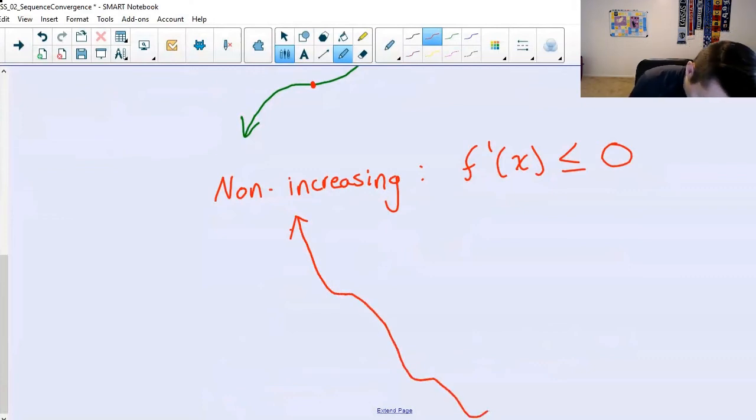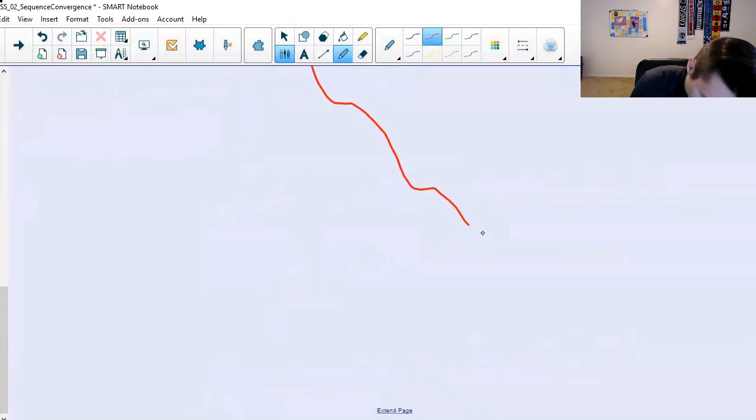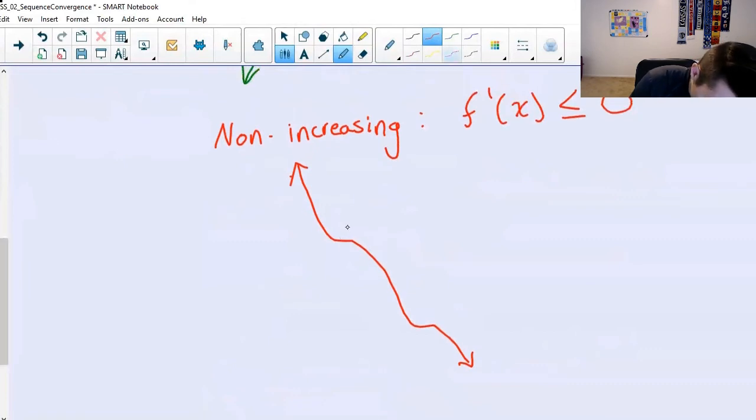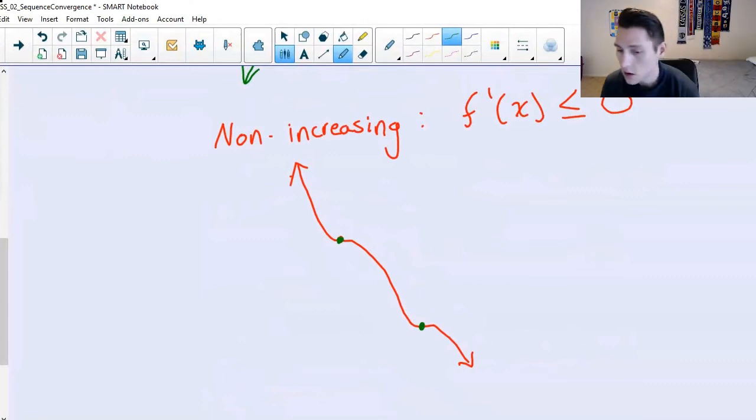It doesn't turn up. Okay, so there are these points where the derivative is 0, but in this case, for non-increasing, the derivative is never positive.